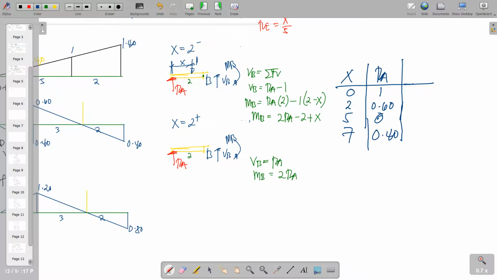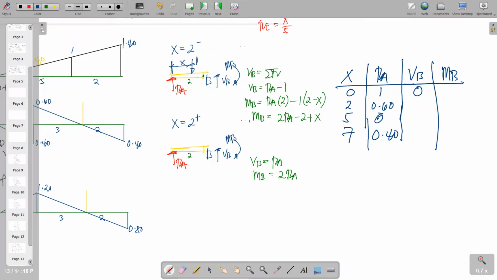Then we can add on here the value for VB and MB. So when x is equal to 0, VB is RA minus 1, so 1 minus 1 is 0.